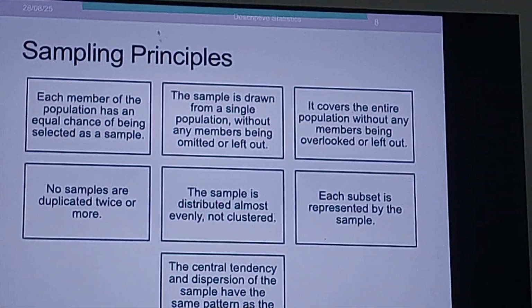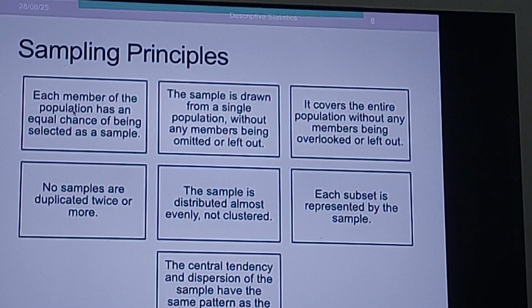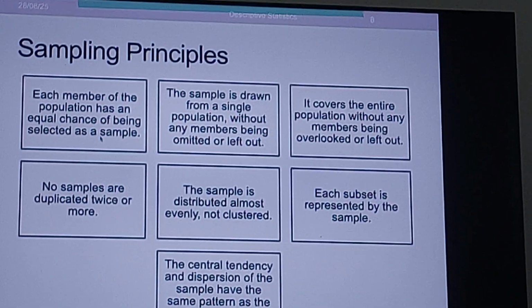And for sampling principles, there are a lot of them, but the first one is that each member of the population has an equal chance of being selected as a sample. So how can we make sure that each member of the population has an equal chance to be selected as a sample?